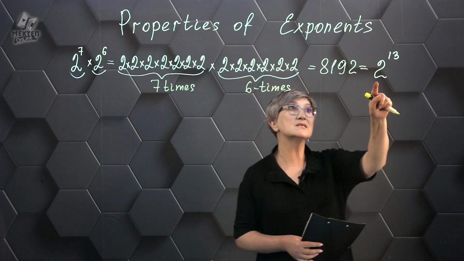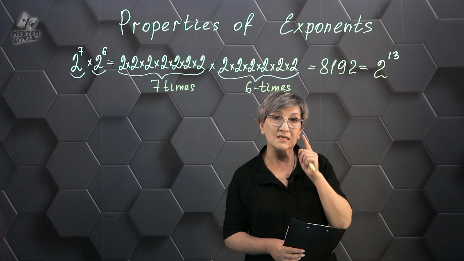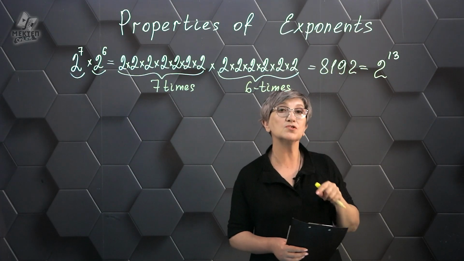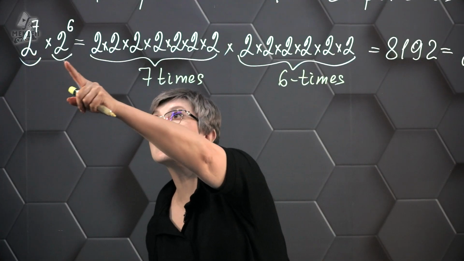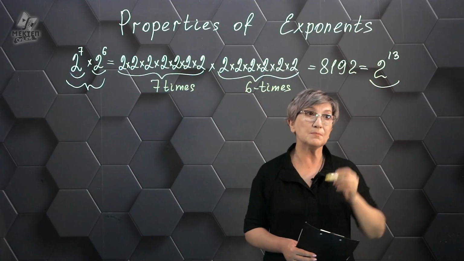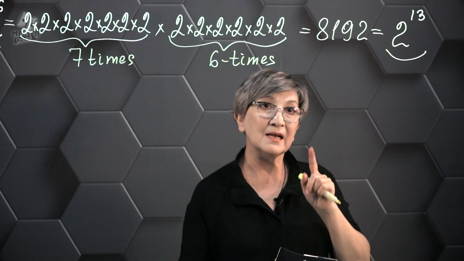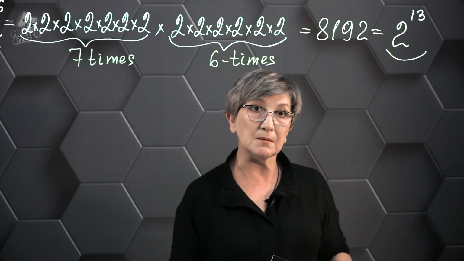So if I were to multiply 2 by 2, 13 times, I will have the number 8,192, but we can write the value of our expression as 2 to the power of 13. That's exactly what we use the notation of a number to a power for.